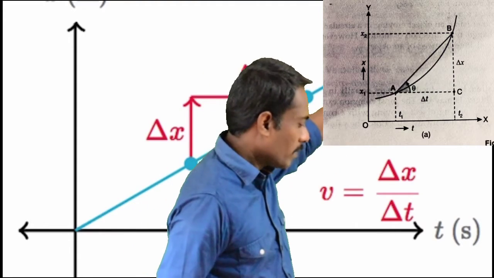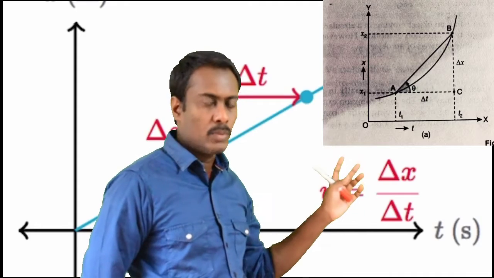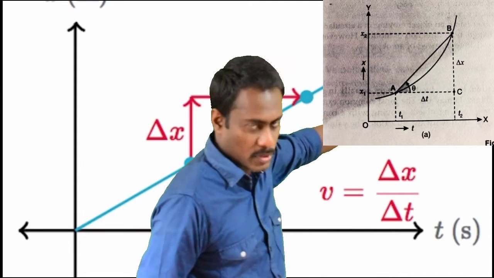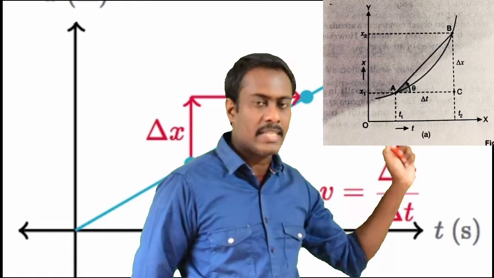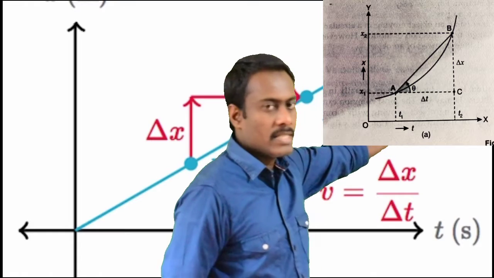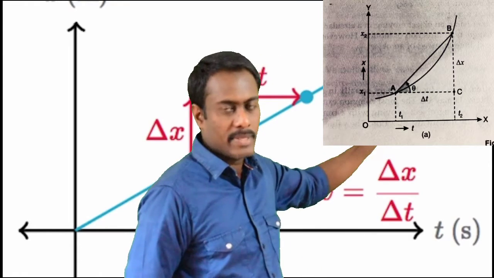This slope gives tan theta. Tan theta is equal to BC divided by AC. BC is the change in position, the displacement, and AC is the change in time, the time interval.